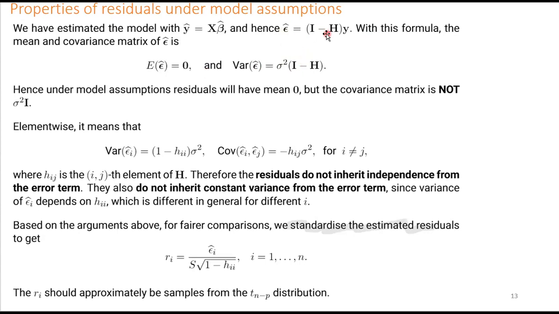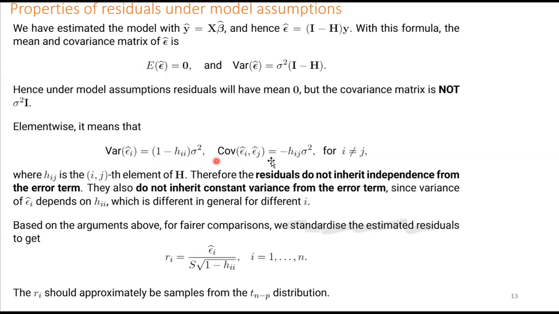Take the variance of this, it's equal to this. So element-wise, what do the diagonal elements look like? It looks like this. Now you can see that the variance of the residual is not constant, because it depends on the diagonal elements of your hat matrix, which are obviously different as you go down the diagonal, and so it's varying.